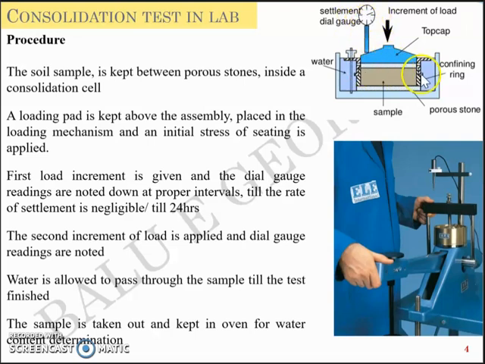As the volume reduces, the height of the sample reduces, because it's one-dimensional consolidation. The circumference is restrained, so the only option for this soil sample to reduce in volume is to reduce in height. So the reduction in height due to the static load is measured from the dial gauge over time.